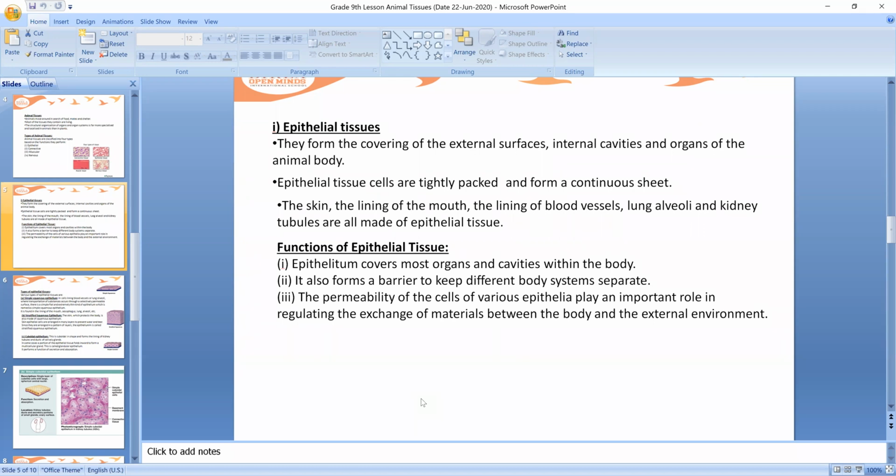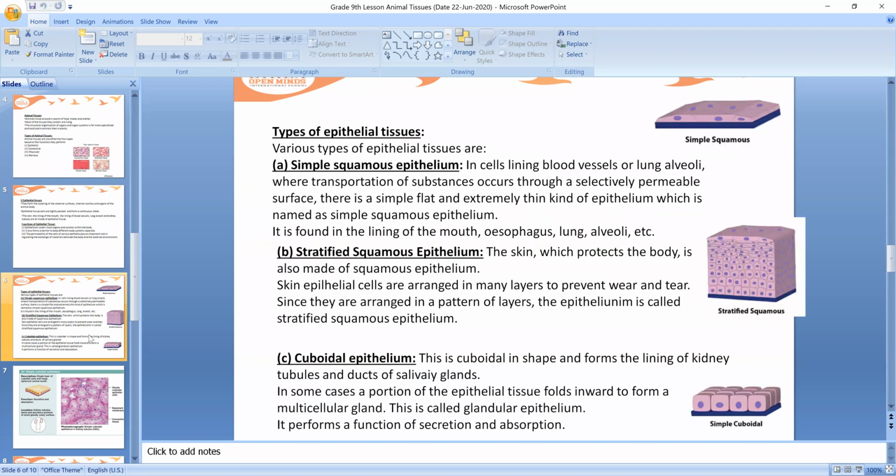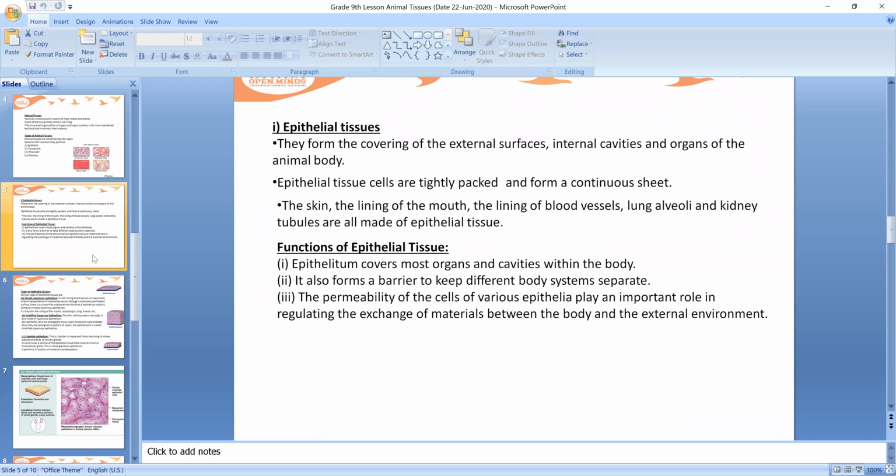Okay. Now we will see the types of epithelial tissue. If you know what epithelial tissue is, then only we can go through it in detail. It's clear, ma'am. If you know the detail about this, then I'll proceed further.